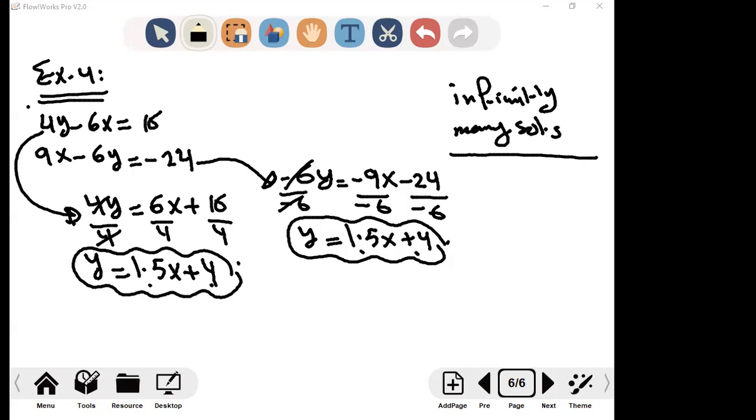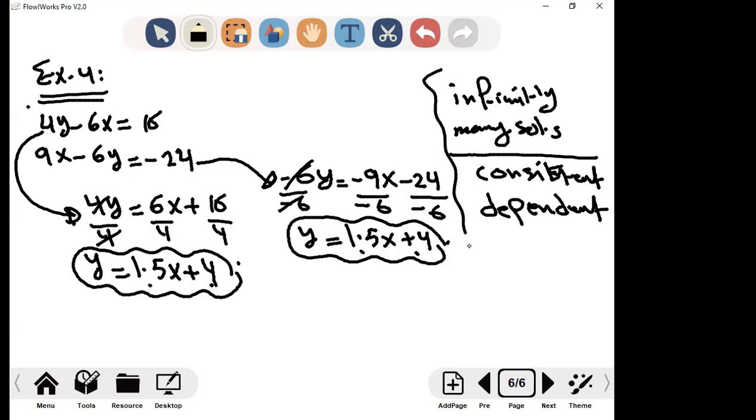Inconsistent is no solution; consistent is at least one solution. Infinitely many, we call it consistent and dependent. Do you understand? Let's do the check after this example.